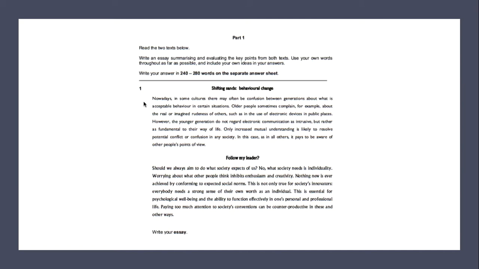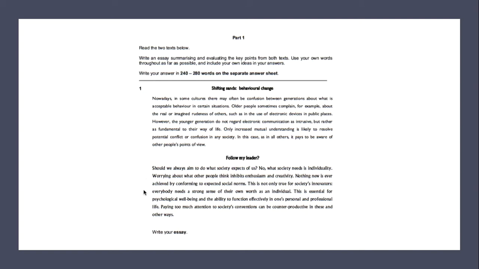Okay, so main points, well, we've said it. Basically, there are different ways that people might view etiquette, especially in public, especially in regards to electronic devices. We, as humankind, need to understand each other's points of view in order to live effectively together. Individuality is key, according to text 2.